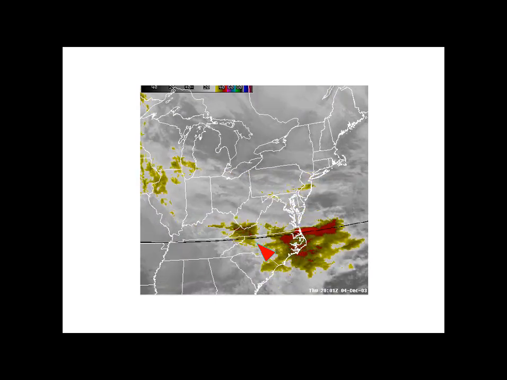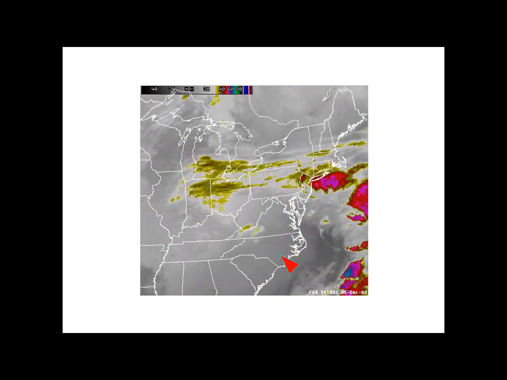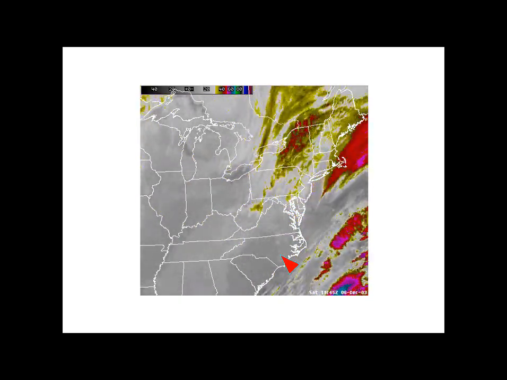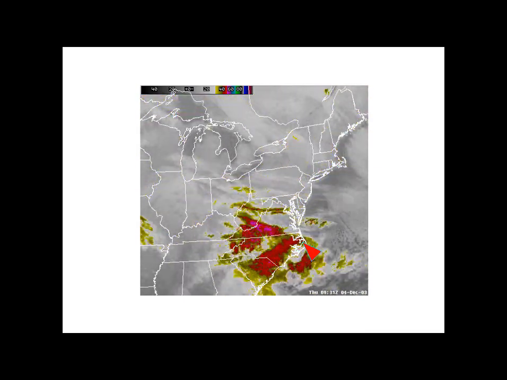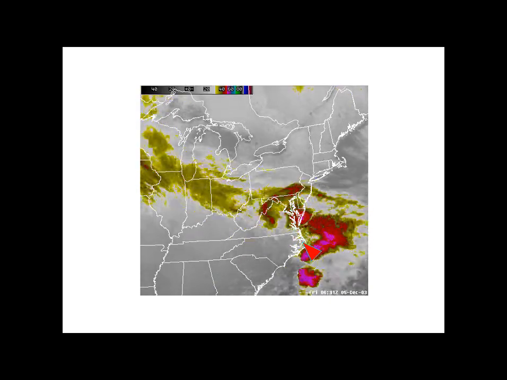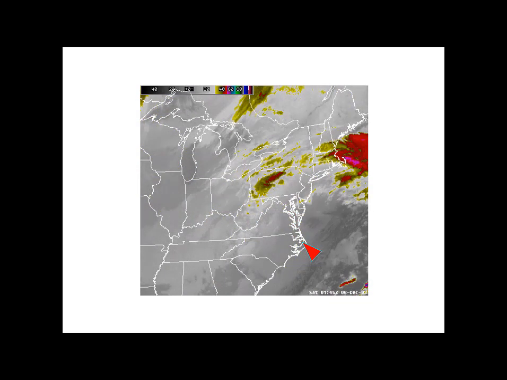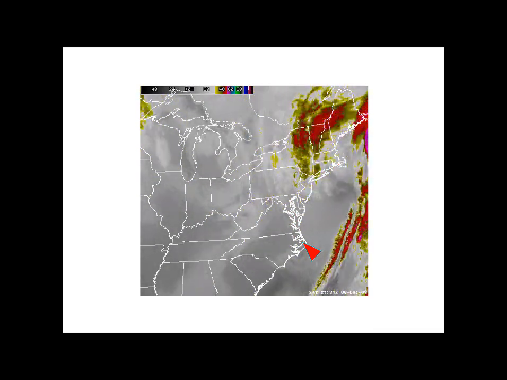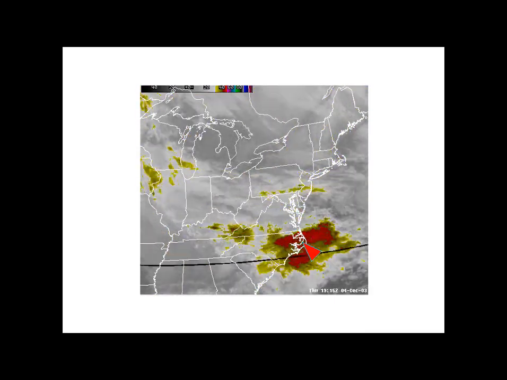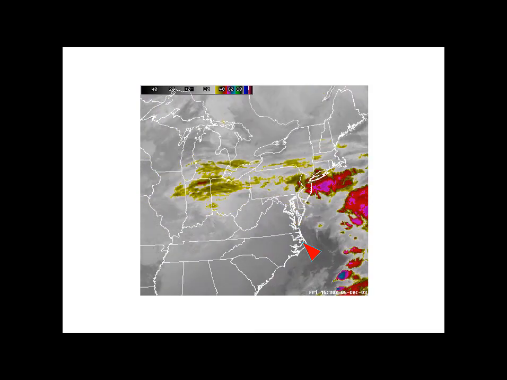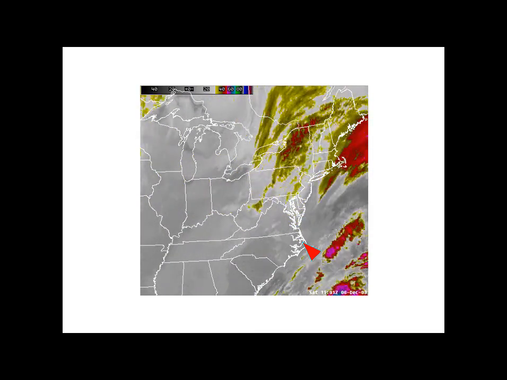Also, we looked at various short waves that came along and interacted with the coastal front and helped to intensify the system. The first one we saw moving across Tennessee into the Carolinas, then another one that came across Virginia here, and then finally that rotating shortwave that came across Indiana, Ohio, into Pennsylvania, and then eventually it came offshore.